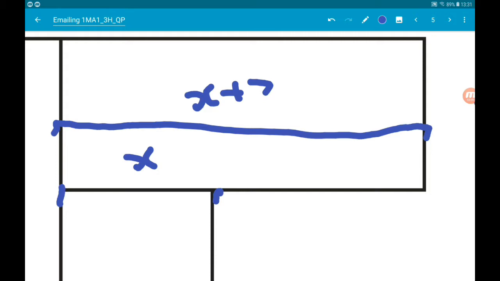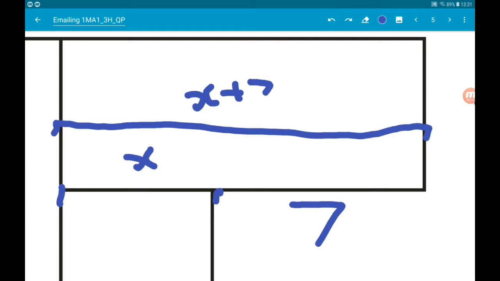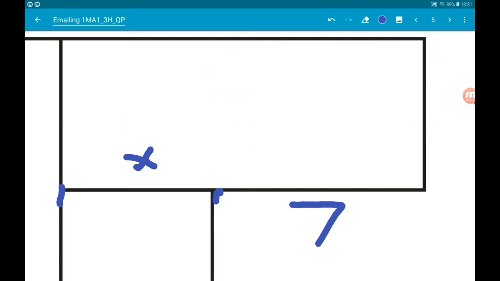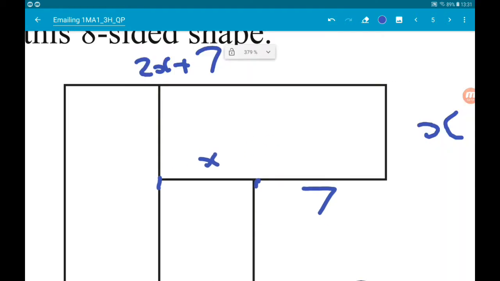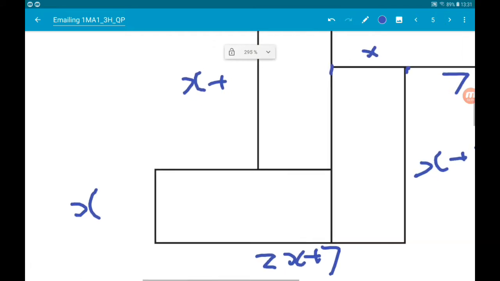That means then this bit has to be 7. So that is then going to be the same down here.